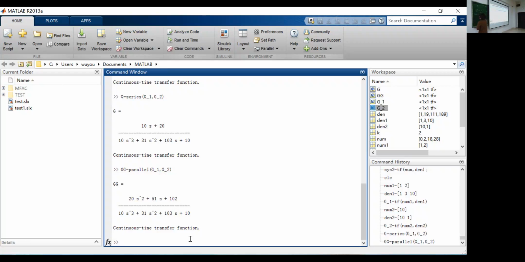How about this? Now it's a feedback loop. And it's a negative feedback. If we want to get the whole transfer function from out over input, maybe we name it this.